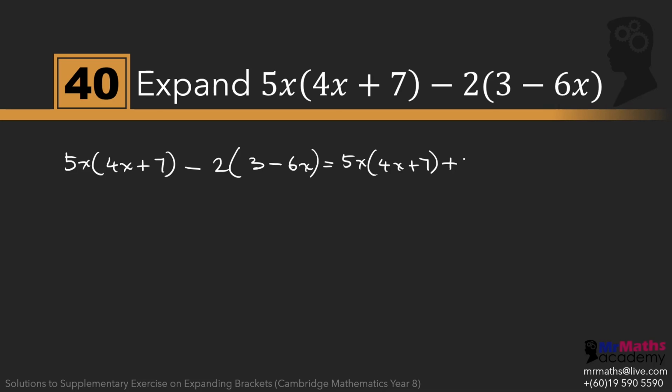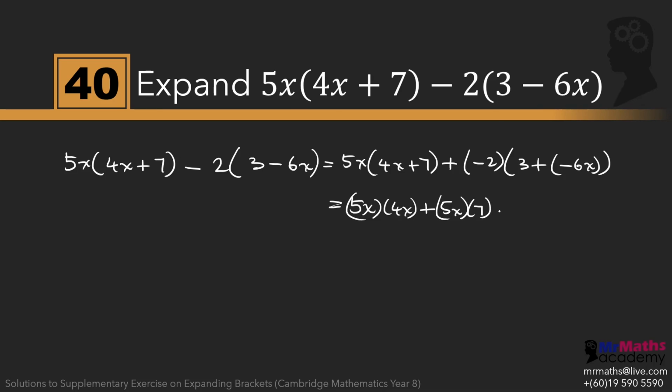So minus 2, but I'm going to replace that with plus and then minus 2 here. So 3 again, minus 6x separately here. So 5x times 4x plus 5x times 7 plus minus 2 times 3 plus minus 2 times minus 6x.